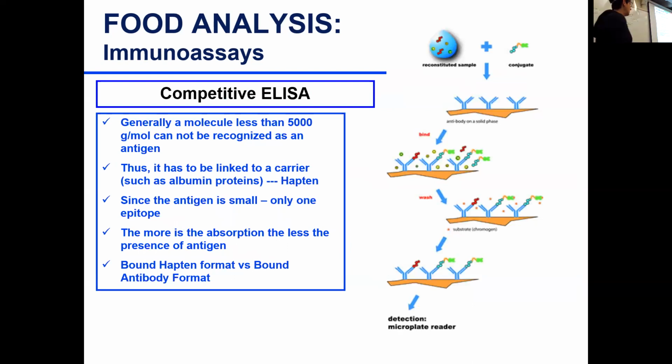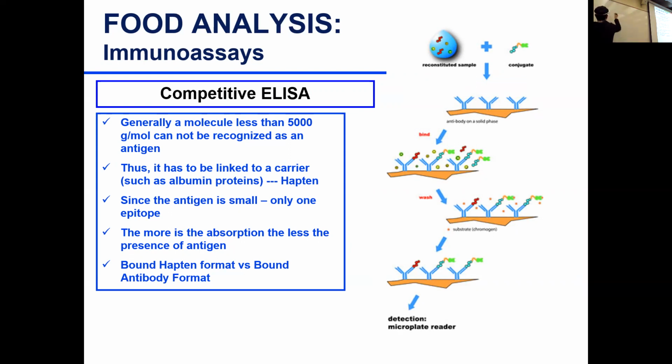So competitive ELISA is specifically for small molecules. So pesticides, toxins, anything small. When you have a small molecule, you don't have a big protein, you don't have multiple epitopes.